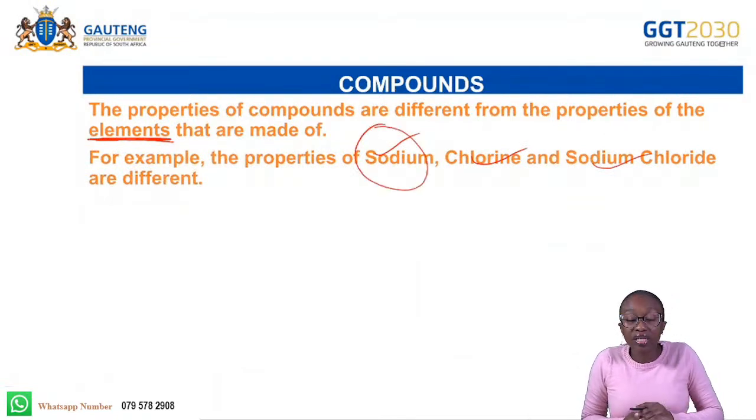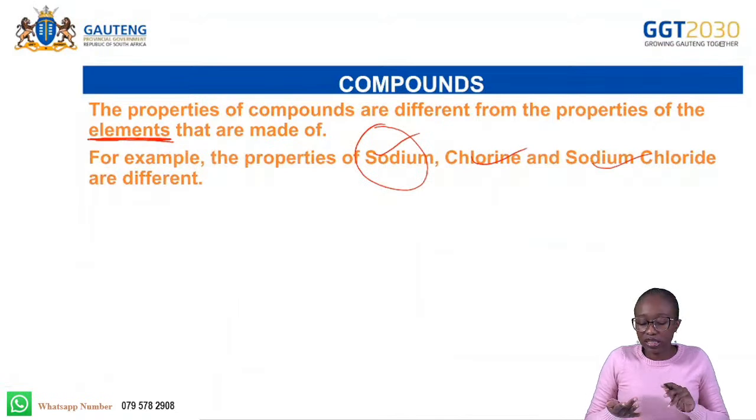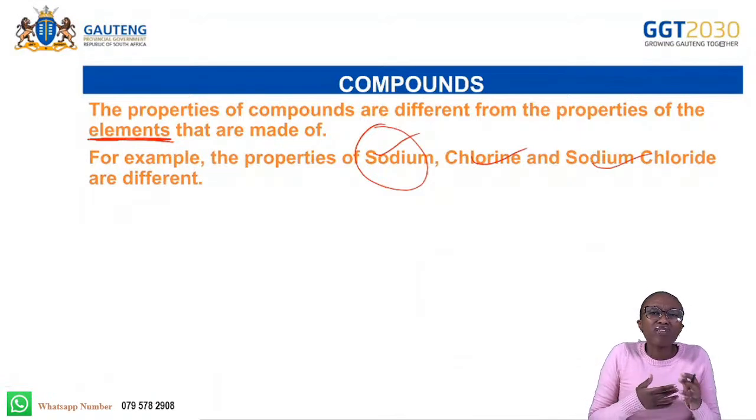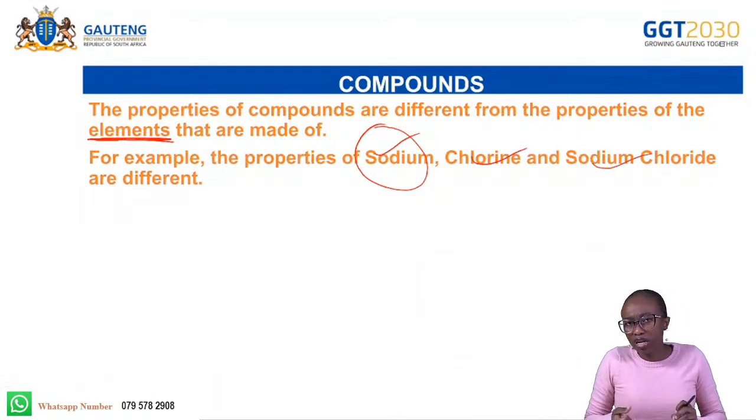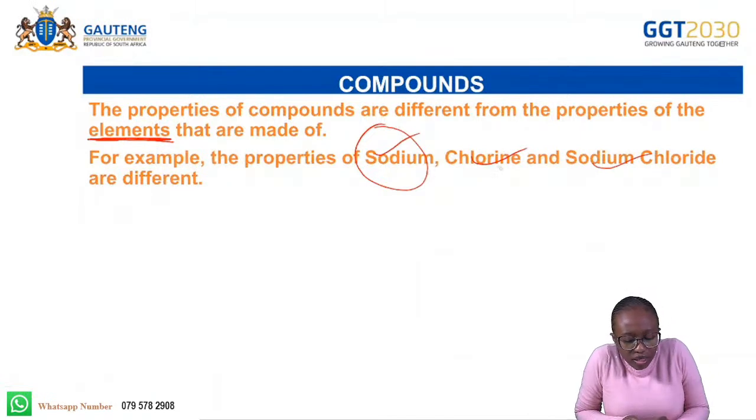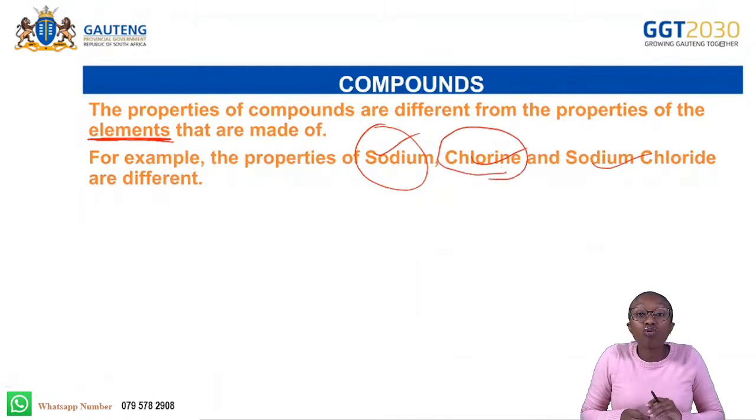This is an element. It has its own properties. It has its own melting point, boiling point, and other physical and chemical properties. And then chlorine. Chlorine also has its own special properties that identify the element as chlorine.